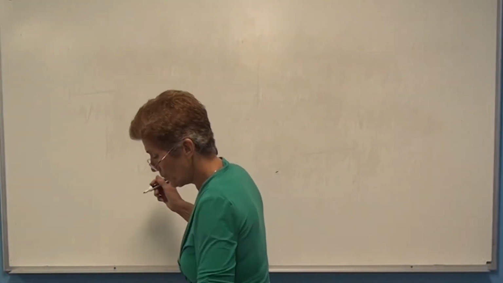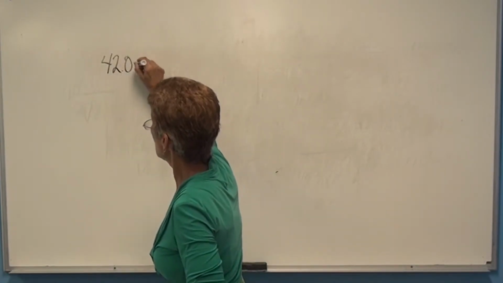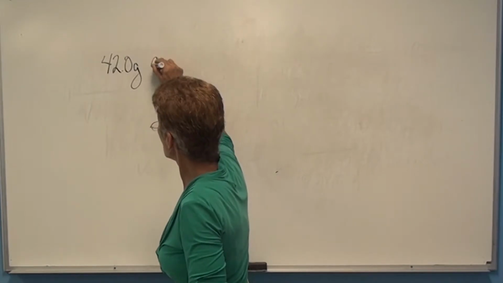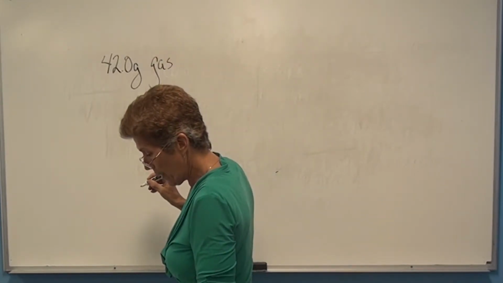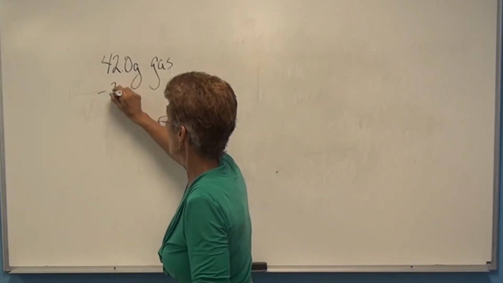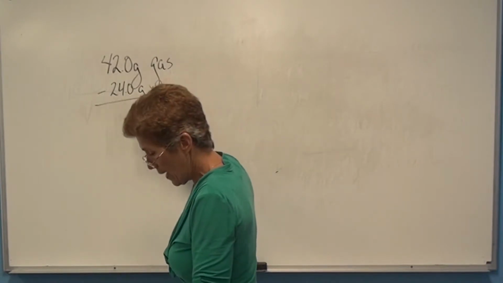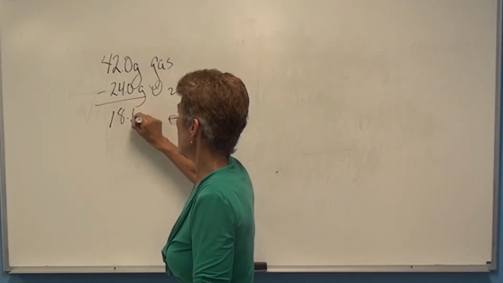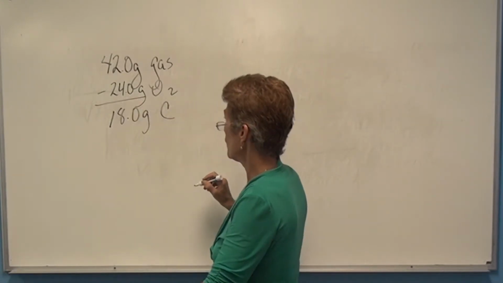The first one, we have 42 grams of gas. I'm going to put gas here. And we have 24 grams of oxygen. So I'm going to subtract from that 24 grams of oxygen. And so that's going to give us 18 grams of carbon that's used up there.